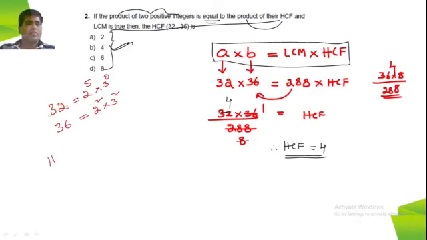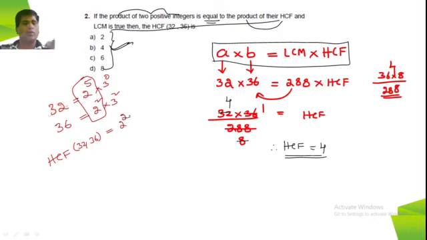So find the HCF of 32 and 36. What is HCF? We have to consider the lowest power of the common prime factor. We have a common prime factor 2 in both the numbers. We have to take the lowest power of that one. It's not the highest power, lowest power. In 2 power 5 and 2 power 2, what is the lowest power? 2 to the power of 2.